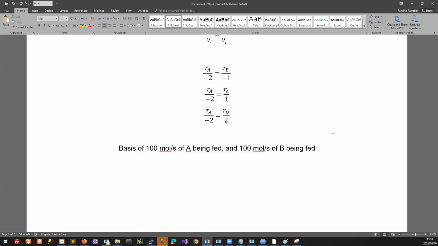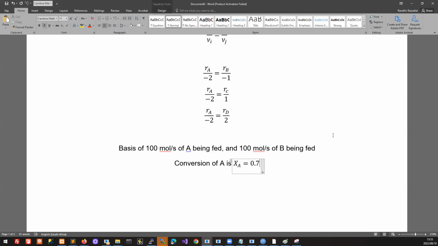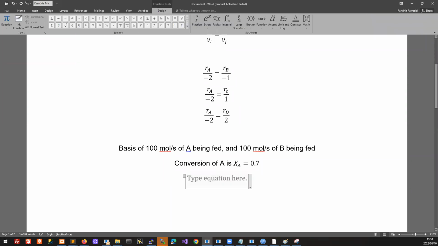So let's say the conversion of A, XA, equals, let's just say 0.7. I don't know if we'll actually use this number, but let's go with that. Then moles of A after that conversion is equal to moles of A initially, times 1 minus XA.